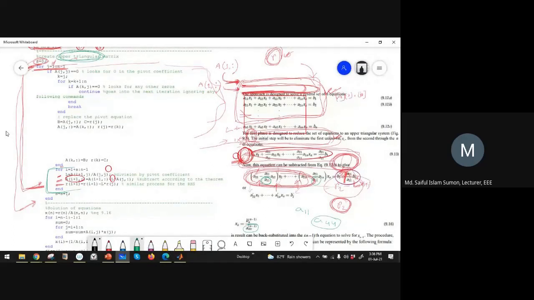For the first case I am dividing by A11. In the second case we will be dividing by A22 but the updated A22. In the third case we will be dividing by updated A33. Can you remember?